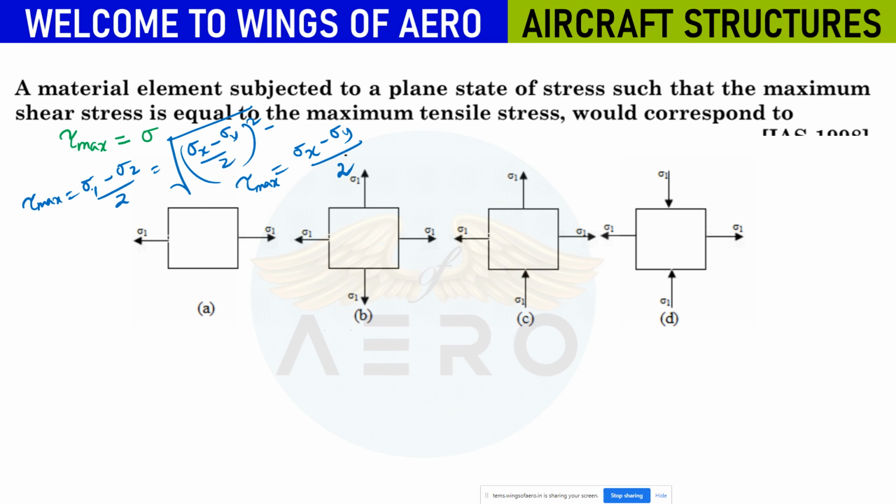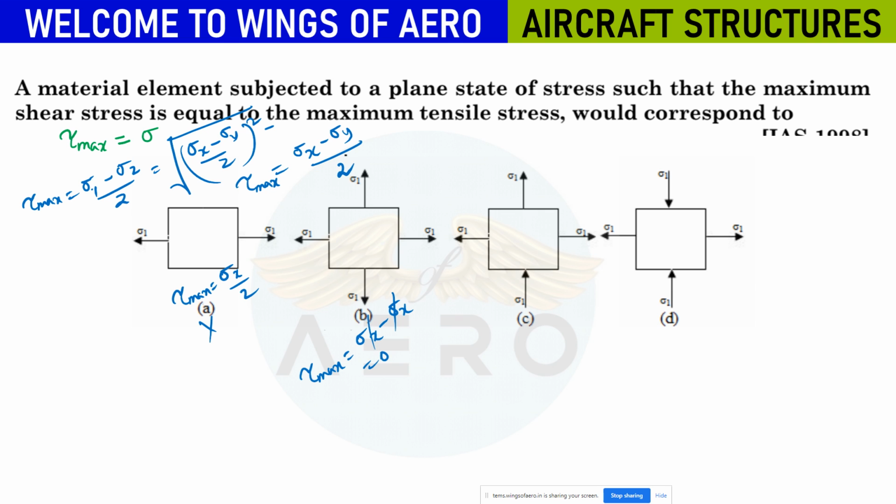Okay, now if you substitute over here, tau max equals, here sigma y is not there, so you will only get sigma x by 2, which is not it. Now here tau max equals sigma x minus sigma x, both are the same, it will cancel, you will get 0, right? Tau max is coming 0, this is also not working.